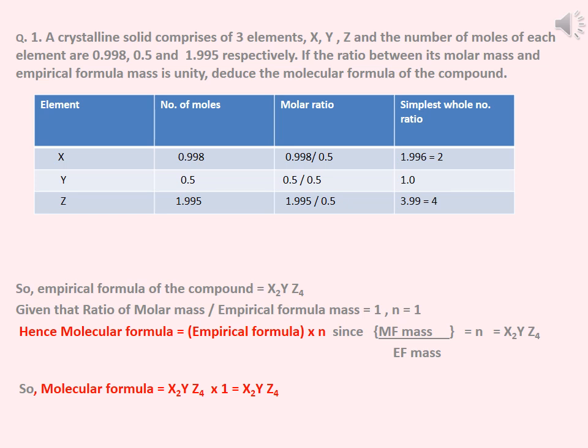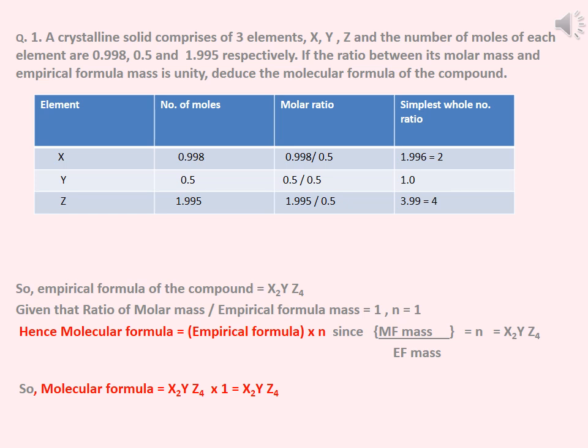So 1.996 is taken as 2 and 3.99 is taken as 4. So the empirical formula of the compound would be X2YZ4. So the first step is over.